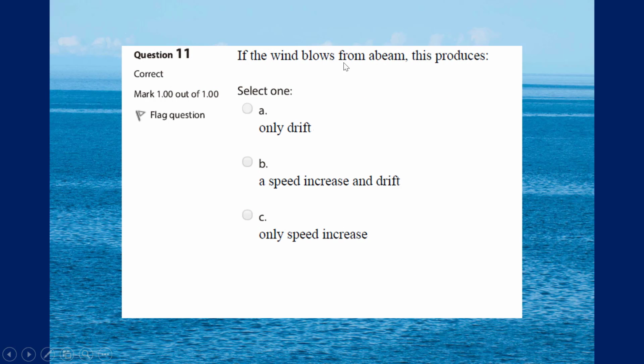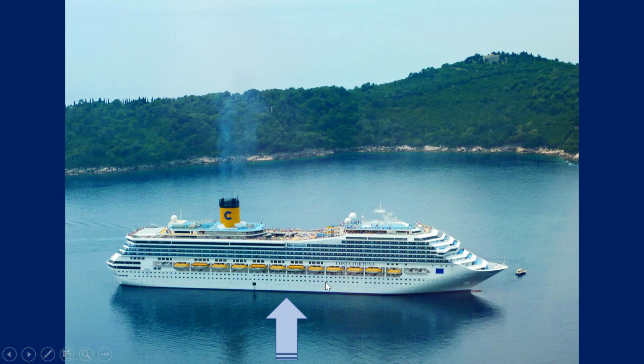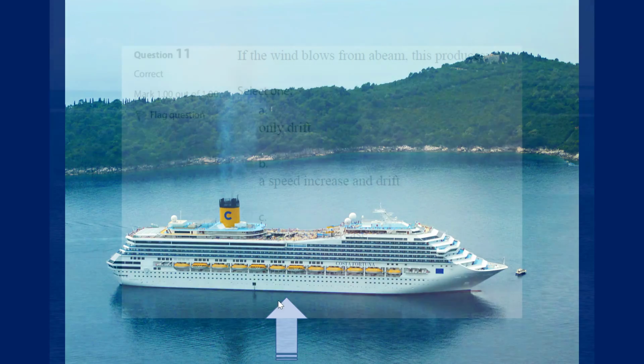If the wind blows from a beam, this produces. Select one. A. Only drift. B. A speed increase and drift. C. Only speed increase. Let's take a look at the real ship again. So now the wind is blowing towards the beam of the ship.